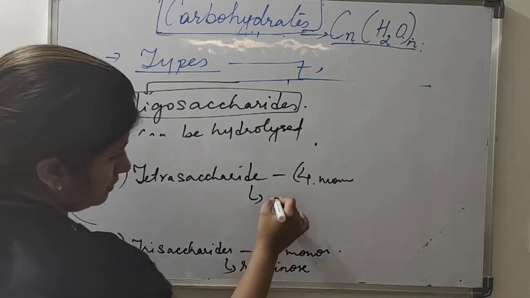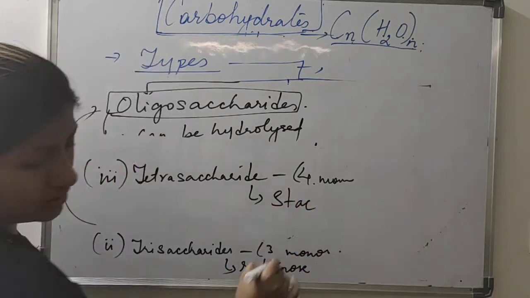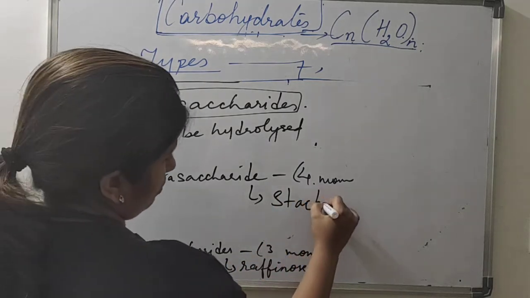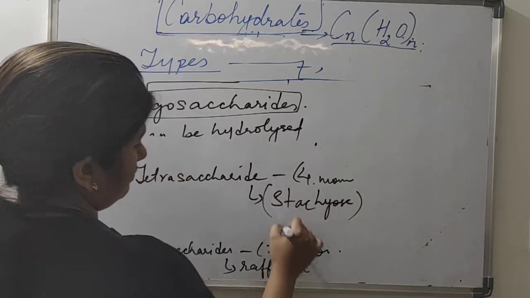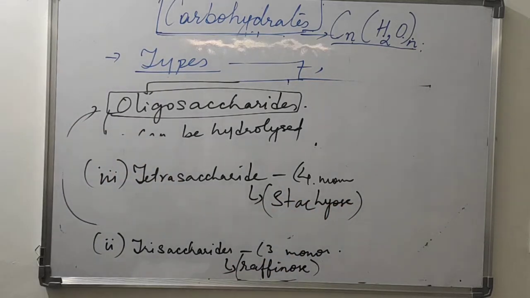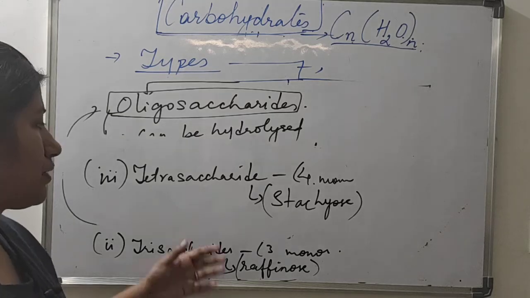Example, stachyose. Raffinose is an example of trisaccharide, and stachyose is an example of tetrasaccharide.